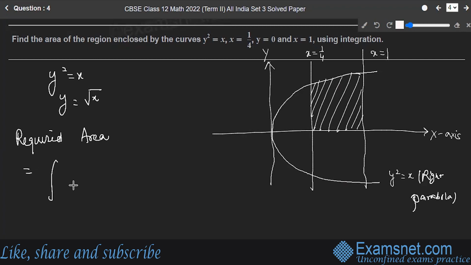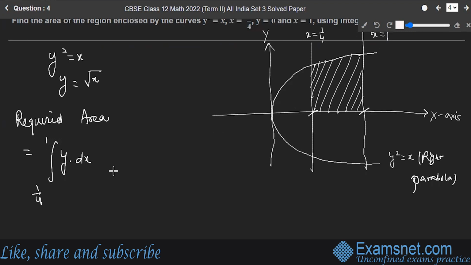It is given by, I'll start from 1 by 4 and go till 1, integral of y dx. This simply will give me my area because this is the area between the parabola and the x-axis. Simple as that. And what was y equal to?